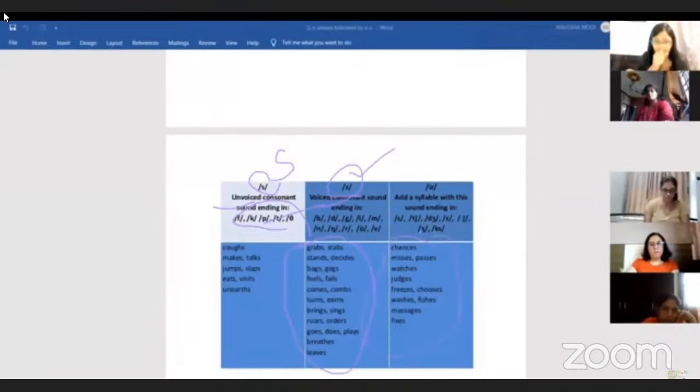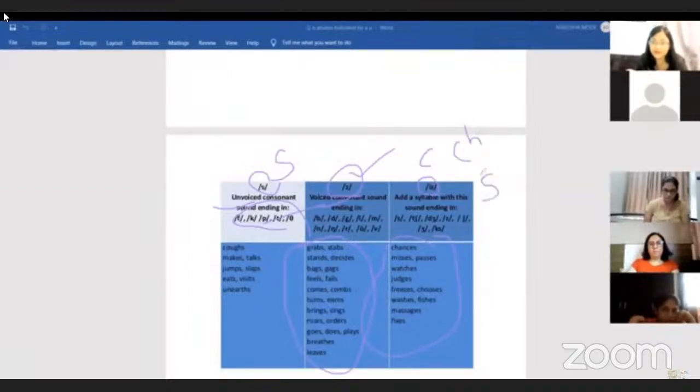So here you will find that it is the sound iz. All these words are those where we had the sound of S or CH or SH or Z at the end.